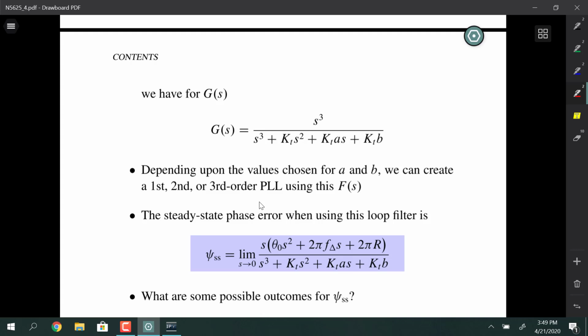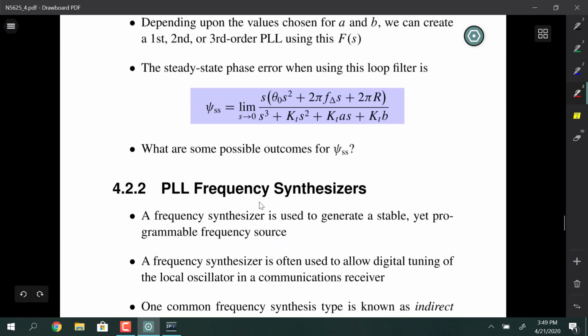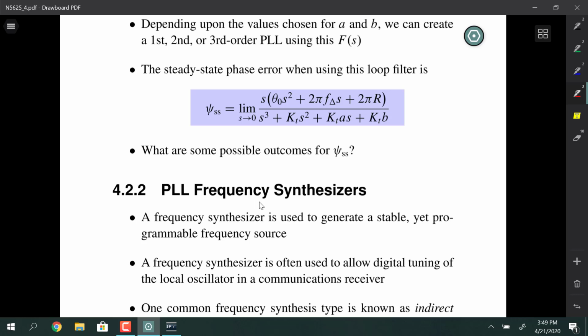So now we can write an expression all the way down to the bitter end for the steady state phase error in this fashion. And then we can consider possible outcomes depending upon what platform dynamics are present and what sort of scenario we're interested in spending some time on. So I generally go off and do some examples here.